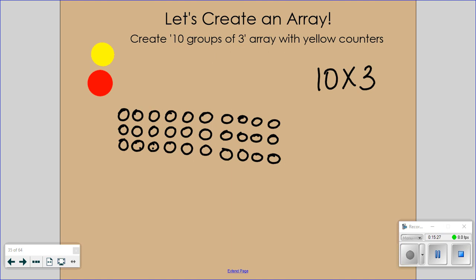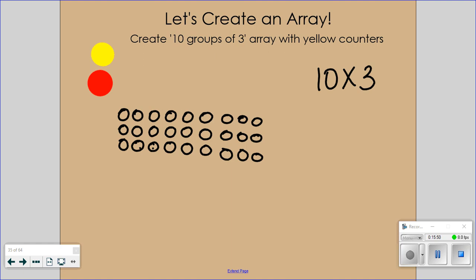No. How many counters is 1 group, Bella? I'm going to take away 3. So take off that last 3 or top 3 or whatever you want to do and move them. Alright, so now I have 9 groups of 3.